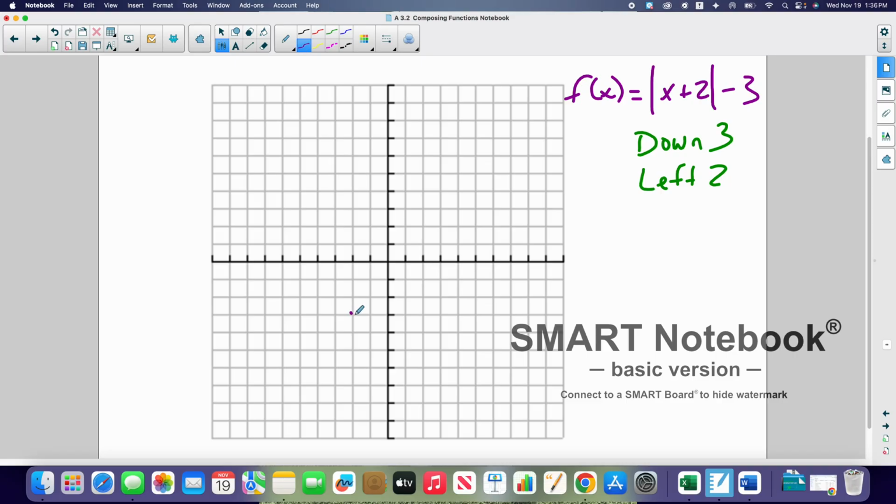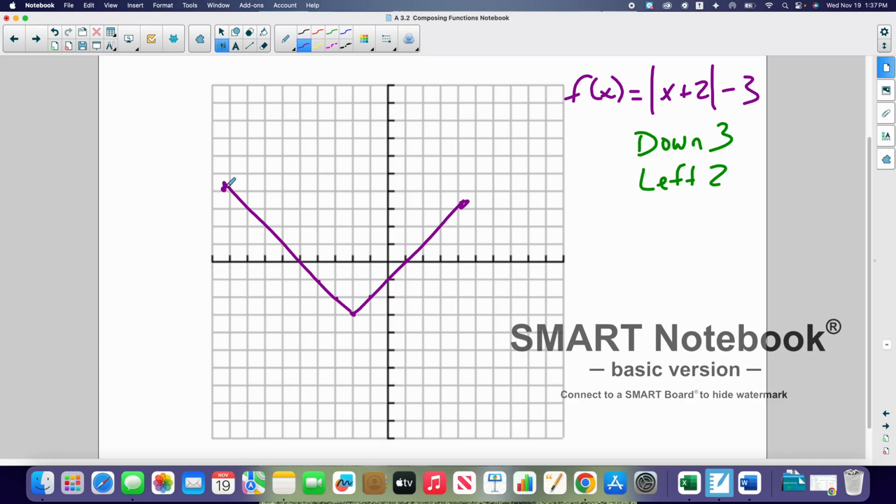Down 3 and left 2. So there's my vertex. Okay? What is the pattern for an absolute value graph? 1, 1, 2, 2, 3, 3. All right, it's moving with a slope of 1. 1, 1, 2, 2, 3, 3. And so here's that graph. Okay, so that's all I wanted you to do on that one.